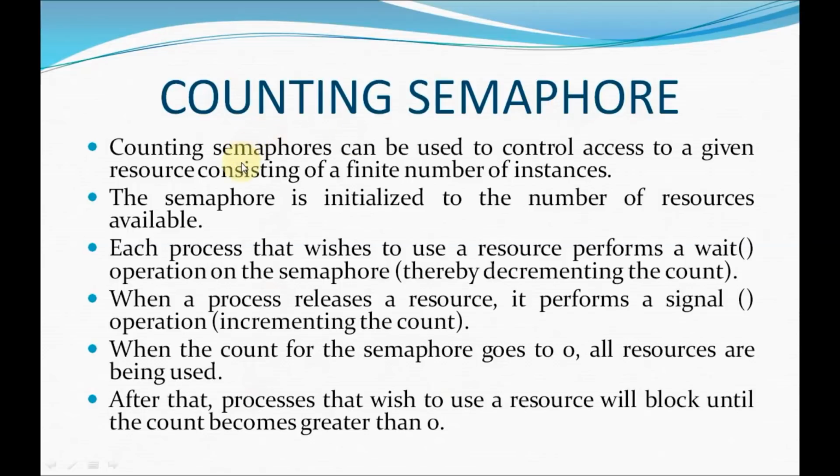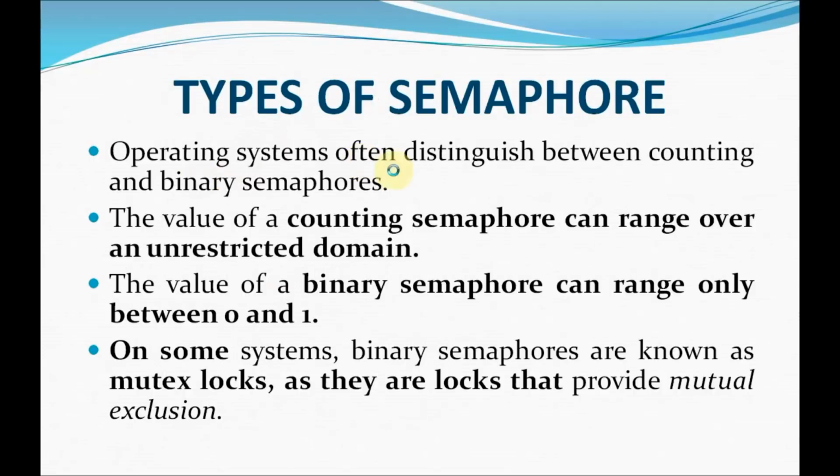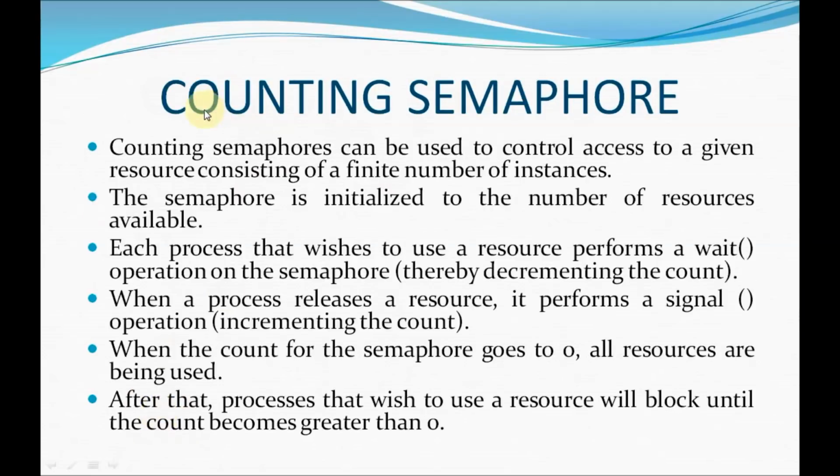Now, what is another type of semaphore? This is the counting semaphore. Binary semaphores are mainly used to provide mutual exclusion. Now, counting semaphore, why do we use this? Counting semaphore is mainly used for resource allocation. Remember that?